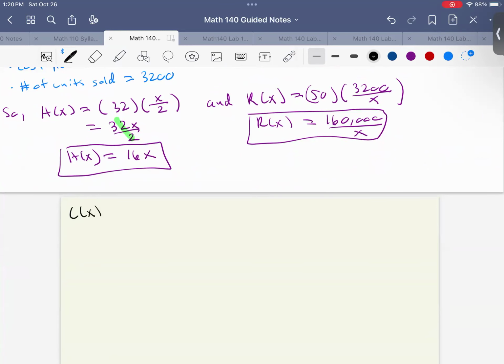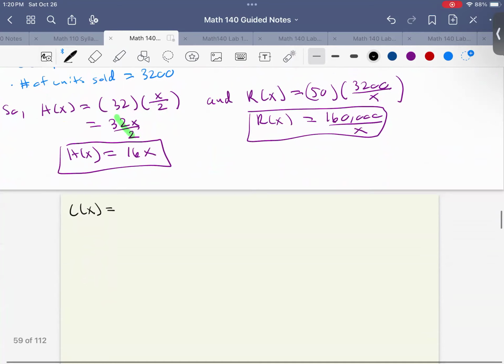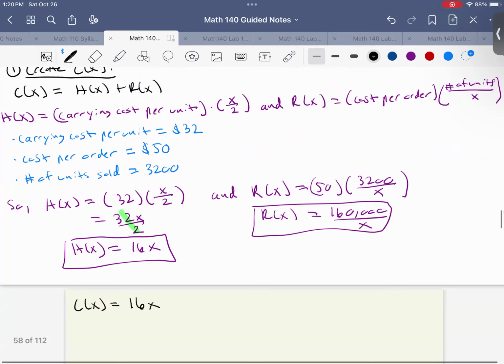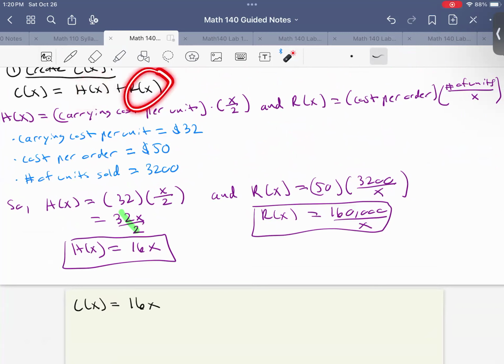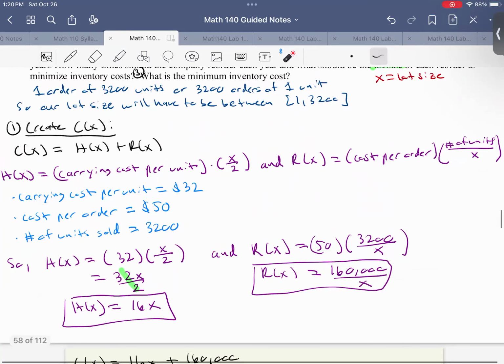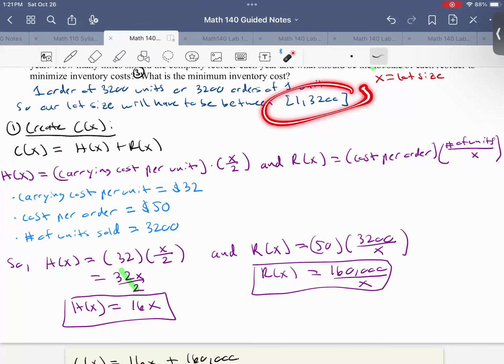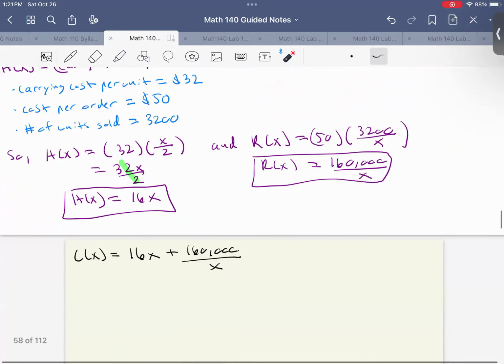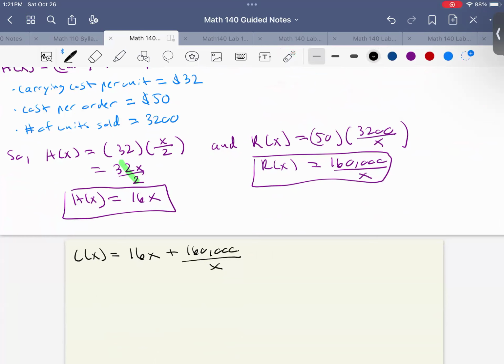But our inventory cost is going to be 16x plus 160,000 over X. Okay, and remember, we are restricted with X between 1 and 3,200 units. So that is our inventory cost function.